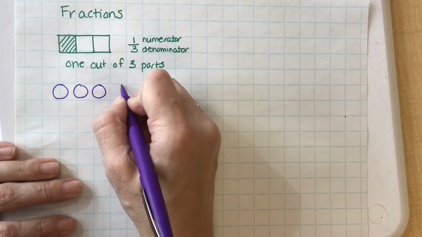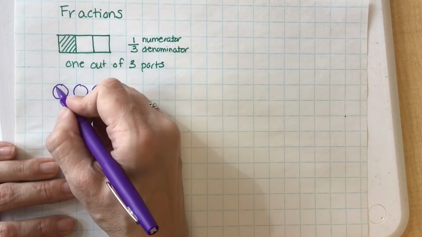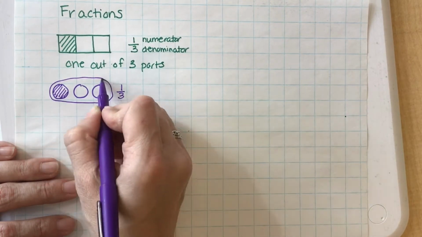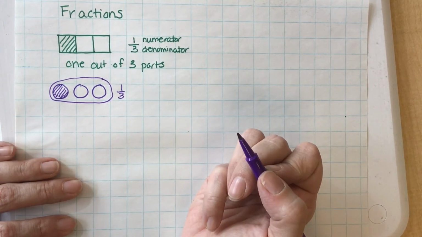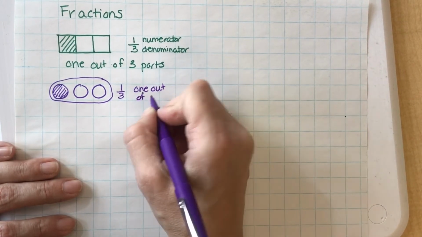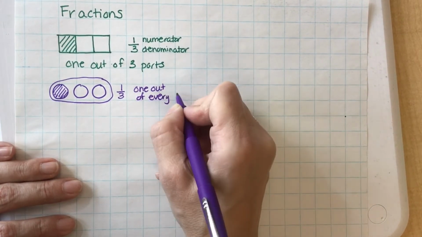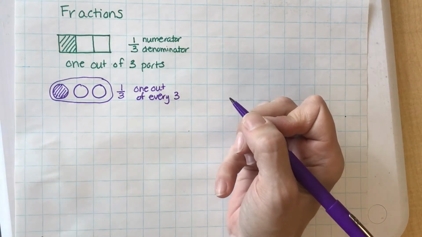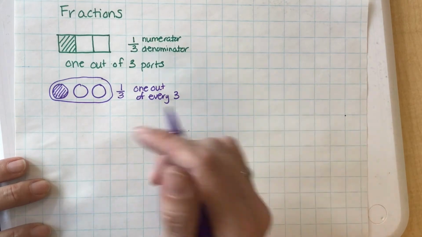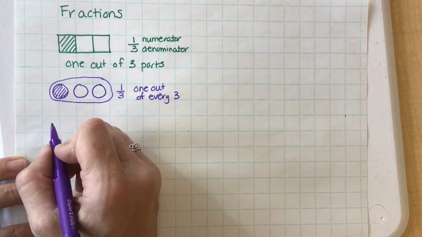If I want to show 1/3 cookies, then I shade 1 out of this set of 3 cookies. 1/3. 1 out of every 3.